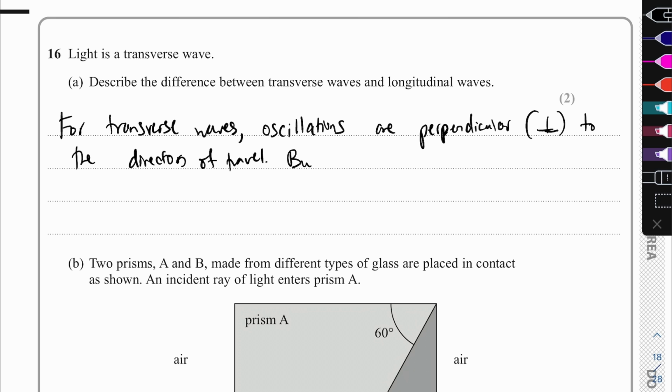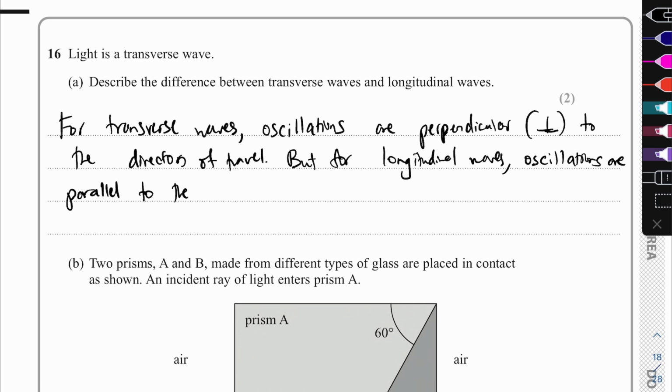So that's our one mark. Now for the second one, for longitudinal waves, we get oscillations are parallel to the direction of travel.